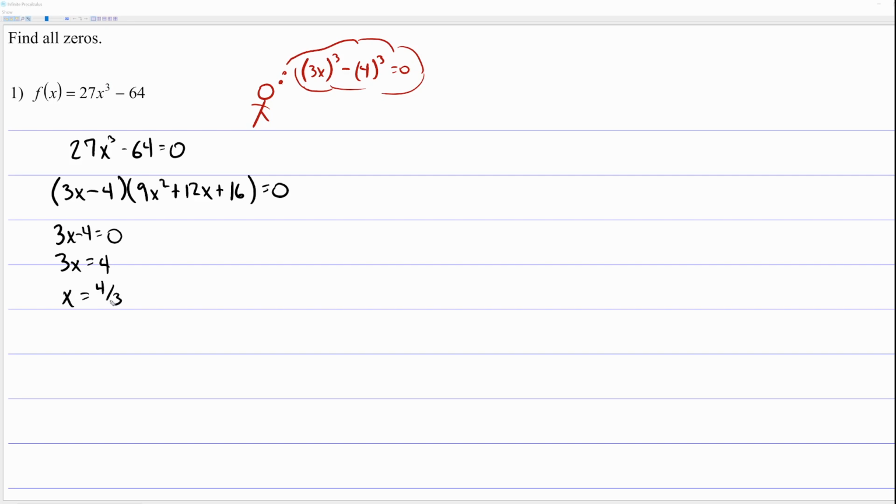To find our other two zeros, we set the other factor equal to 0. Unfortunately, there's not a common factor, and I don't think this is going to factor, period. So you can either complete the square, which doesn't look like a whole lot of fun, or you can use the quadratic formula, which also doesn't look like a lot of fun, but I guess that's our least worst option.